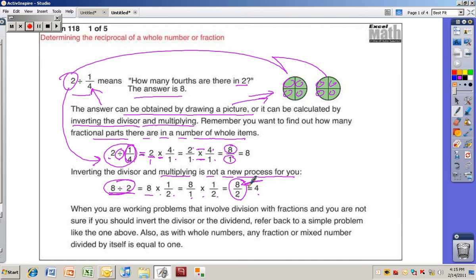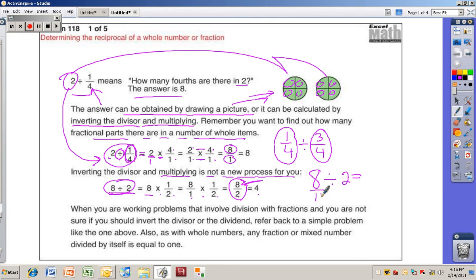Let's make sure you've got this. What they're saying is, let's say you have a division of fraction problem that's like this. And you can't remember, am I supposed to flip this fraction or this fraction? Can't remember if it's the first fraction or the second fraction. Here's all you have to do to solve that. Just come back to an easy one. 8 divided by 2.